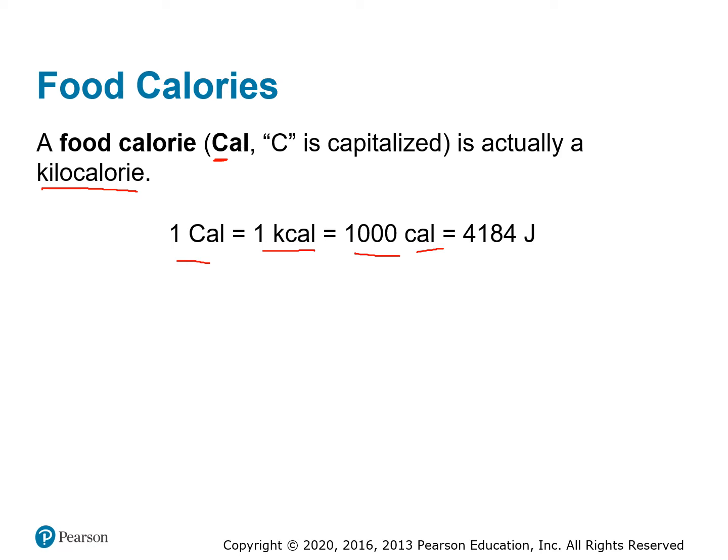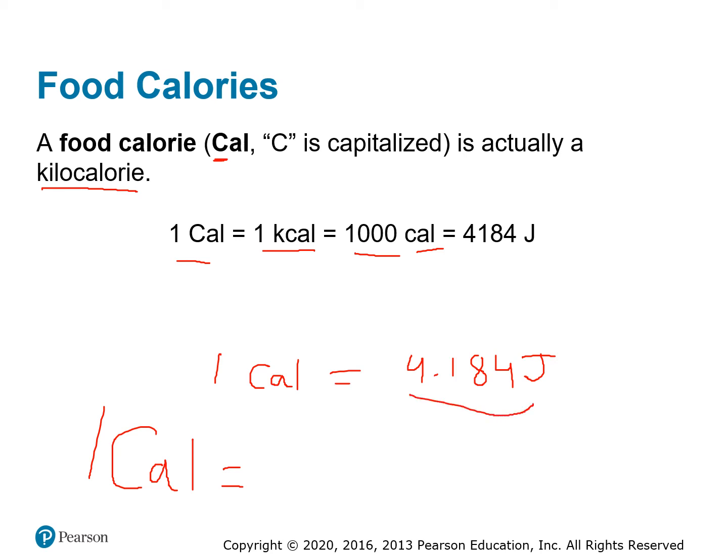And what did I say? 1 calorie with the small c is equal to 4.184 joules, right? And now we are defining 1 food Calorie, with the capital C, which is equal to 1000 calories, the small c. So 4.184 times 1000, and that's why it is equal to 4184 joules. So remember that. That is the food Calorie that we are talking about.